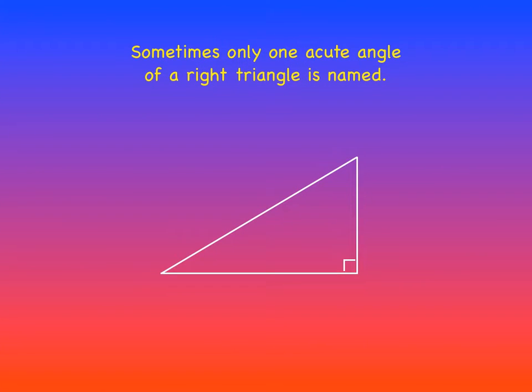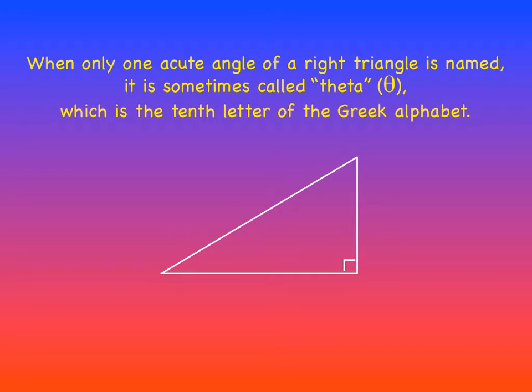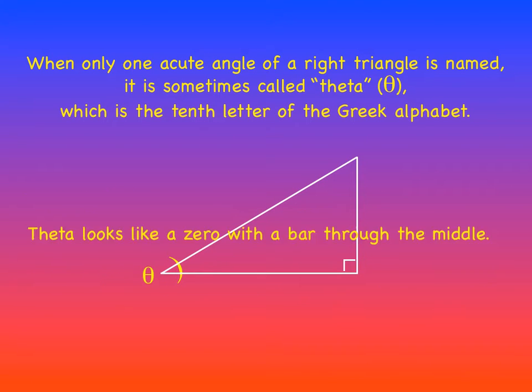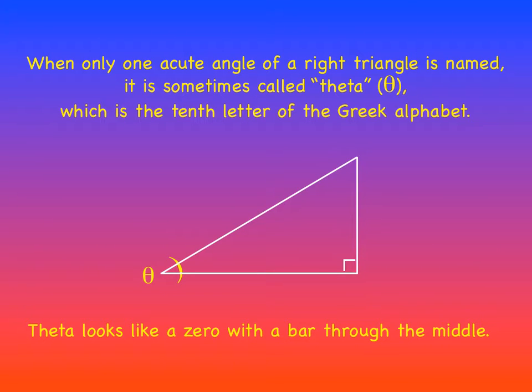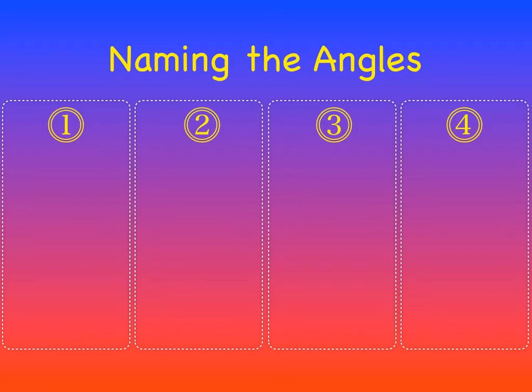Sometimes only one acute angle of a right triangle is named. It is often labeled as angle A. When only one acute angle of a right triangle is named, it is sometimes called theta, which is the 10th letter of the Greek alphabet. Theta looks kind of like a zero with a bar through the middle. Now we have four ways of naming the angles of a right triangle.